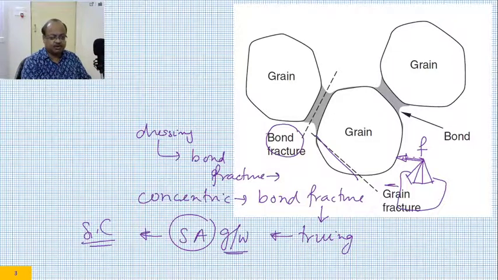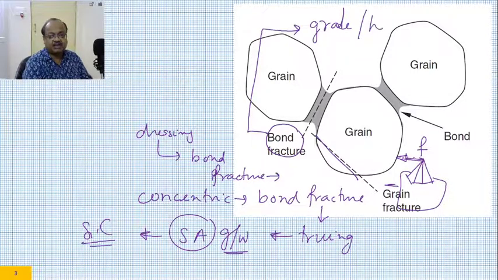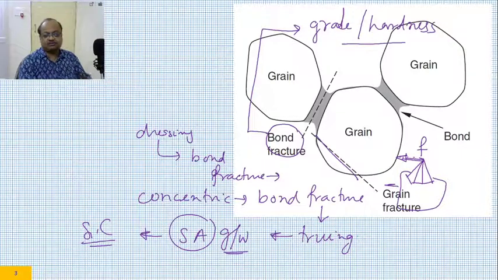Who controls bond fracture? Please go back, and the grade of the wheel or the hardness of the wheel controls bond fracture. If you have a soft wheel, even when you are trying to dress it, it would lead to bond fracture. If you have a hard wheel, even an aggressive dressing condition would not lead to bond fracture, and you will get micro cutting, which has been shown earlier.